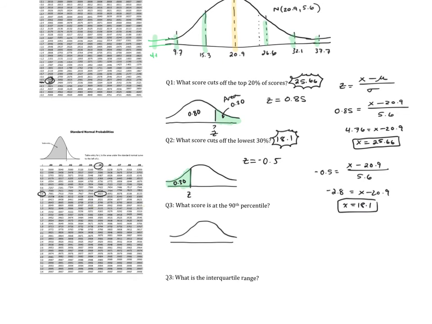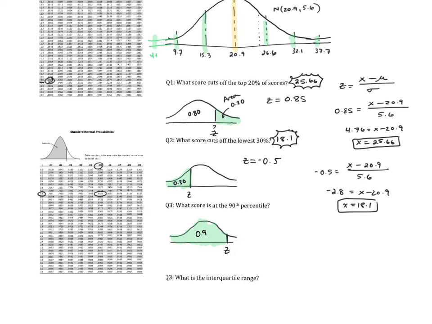If it ever asks you about a percentile, remember that's the percent of values that will be less than or equal to it. So the 90th percentile means that 90% of values will be less than or equal to that score. So when they give you a percentile, they're also giving you an area. This area to the left of the value I'm trying to find is 0.9.